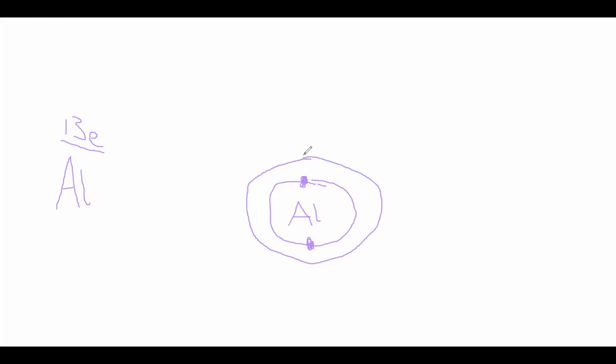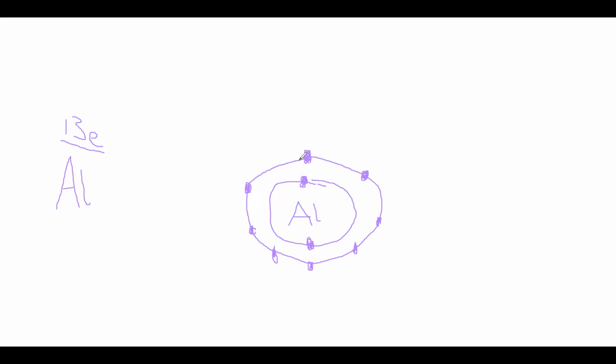So we can put one more down. That's number 3. We can put a second one down, number 4. And a third one, and a fourth one, and a fifth one, and a sixth one, and a seventh one, and an eighth one, right? So now shell number 2 is all full. We've put 8 electrons down on the second shell.